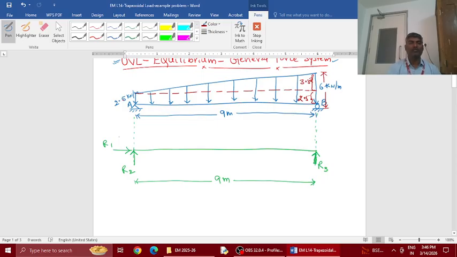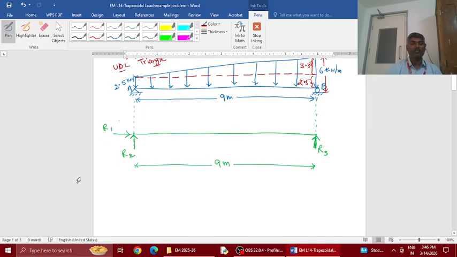Now you have two loads: one is a uniformly distributed force, the other is a triangular force. Now we will calculate the point load.